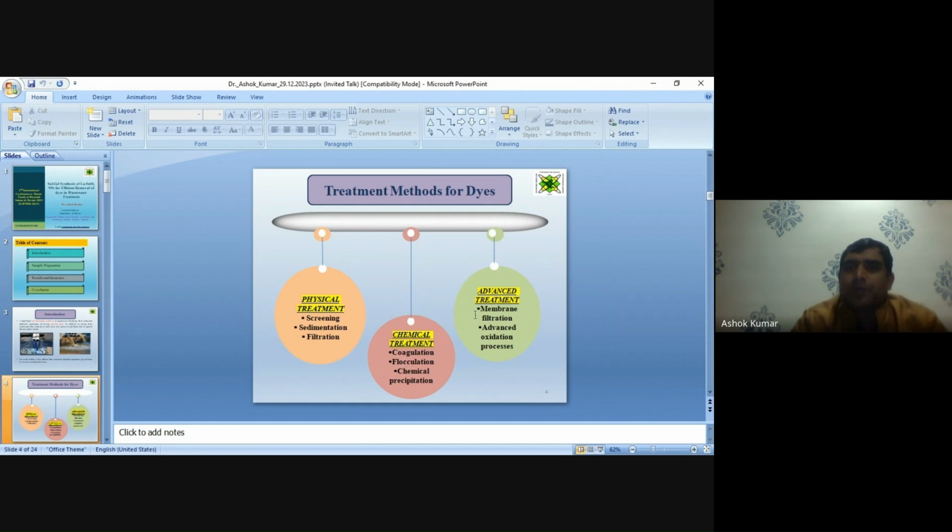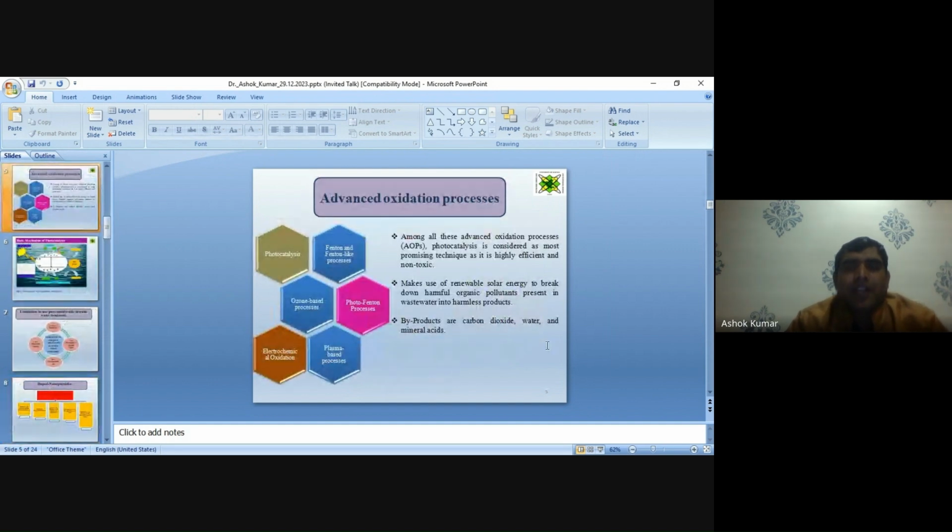So then we adopt the advanced treatment methods, which involve the advanced oxidation process. In advanced oxidation processes, there are again different types of methods, like ozone-based process, plasma-based process, electrochemical oxidation, and photocatalysis.